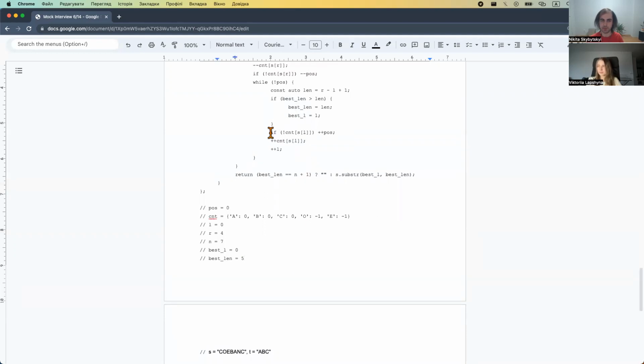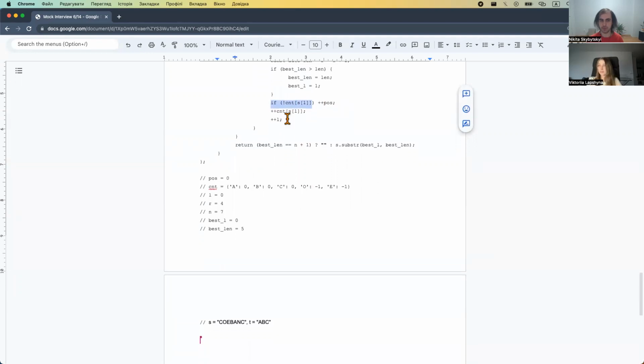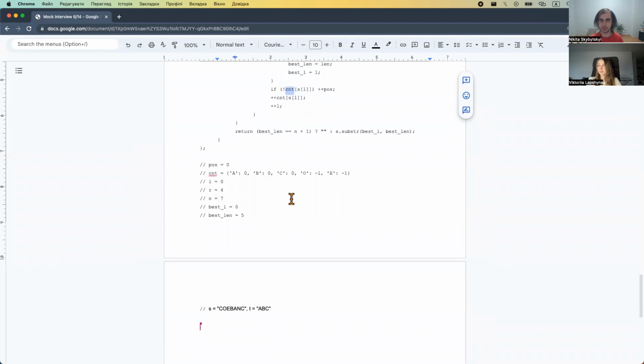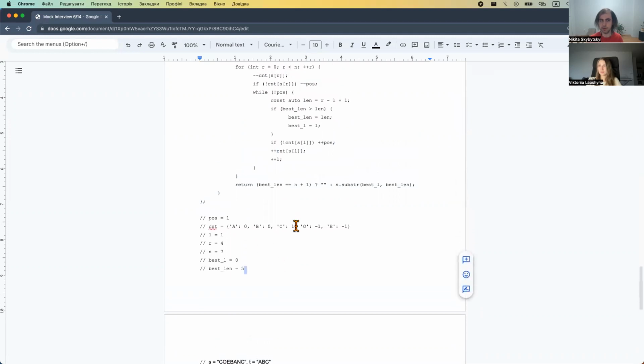Right. So now I look at left. I look at the frequency of letter C, S[left]. It is 0. I am about to remove this from the substring. That would increment what I need. So I increment positive. I increment the frequency in the map. I increment my left. I go back. Is positive 0?